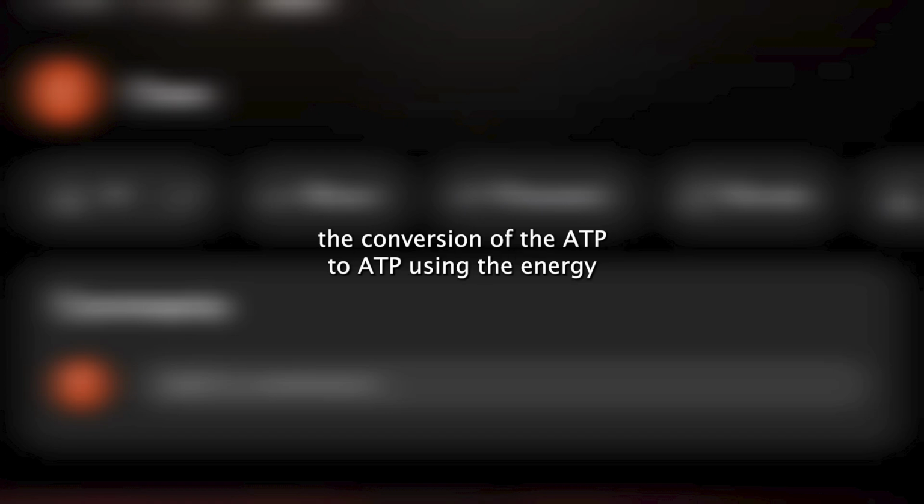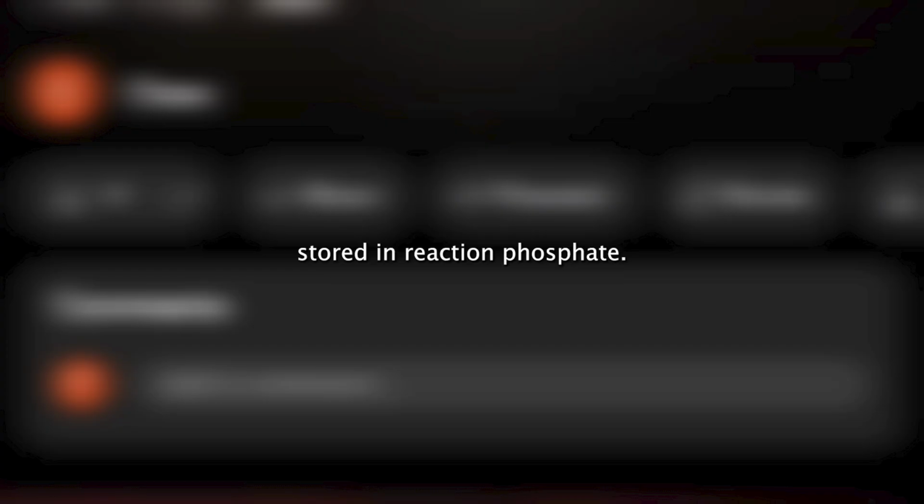The ATP transfers energy to creatine, creating creatine phosphate. It's used to store energy and convert ADP back to ATP. The enzyme creatine kinase catalyzes the conversion of ADP to ATP using the energy stored in creatine phosphate.